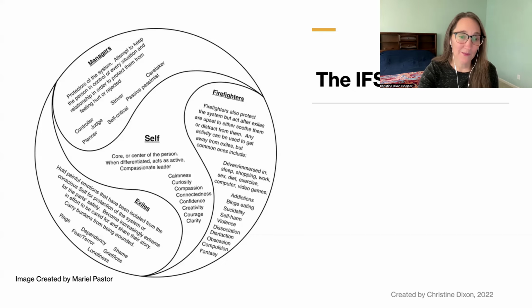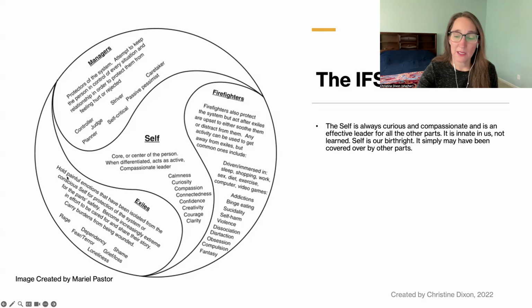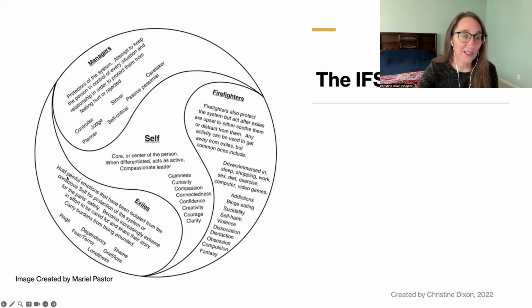And we've got two different kinds of protectors here that are often protecting our exiles. The exiles hold painful emotions that have been isolated from the conscious self for protection of the system or for the part's safety.